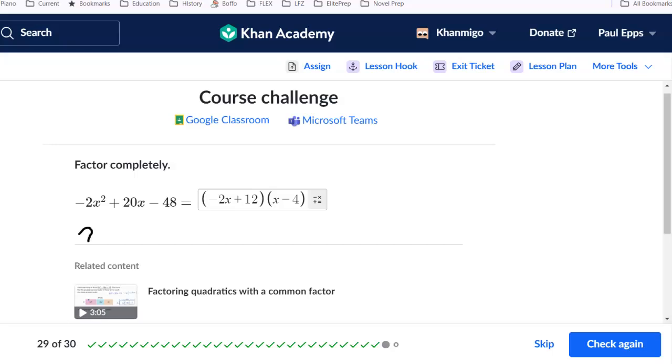We've got 2 times negative x squared, and then we're going to have plus 10x, and that's 2, so we're going to have minus 24. All right, and then factor that.